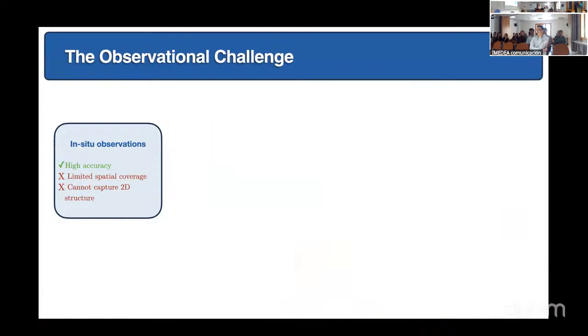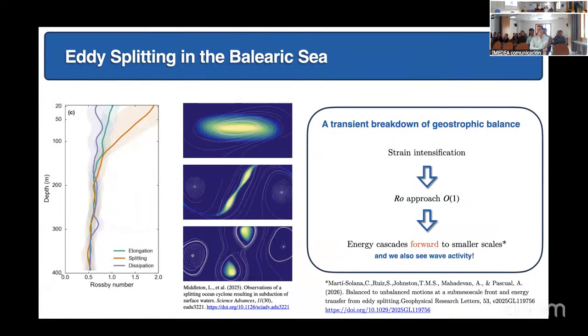Is that due to the fact that during the splitting you have a much longer, let's say, quote unquote object, and therefore maybe the Coriolis forces are more relevant because they will depend on the scale of the system? Meaning during the splitting, I imagine that the elongation of the object is going to be larger than what the eddy was before. Is that the reason why you get this swing in the Rossby number?